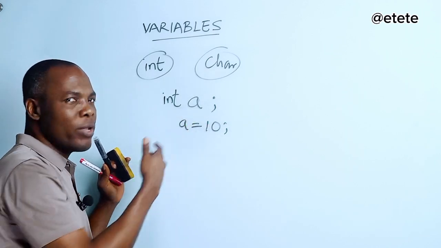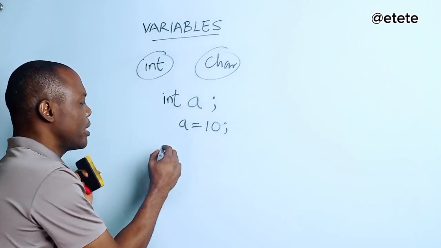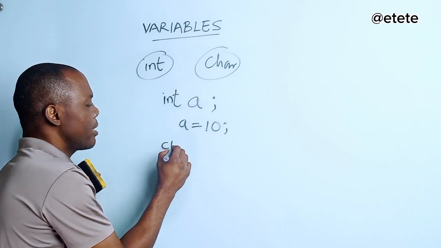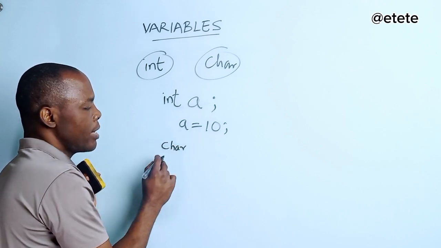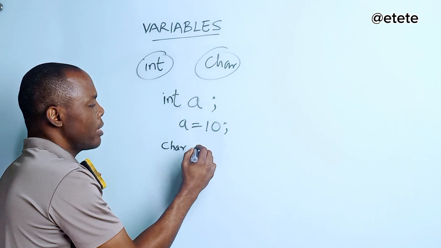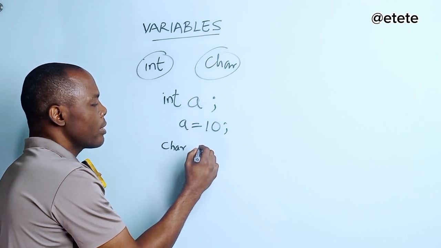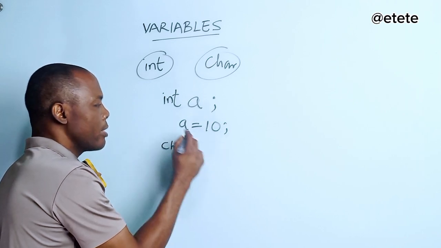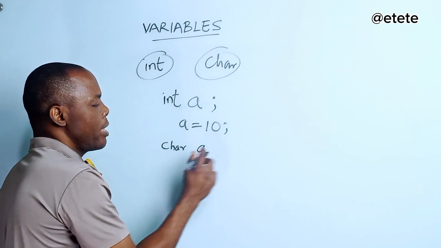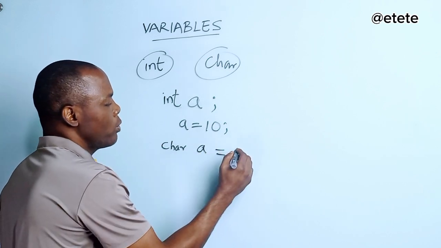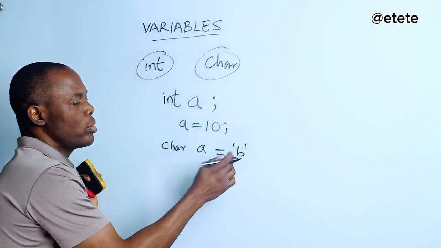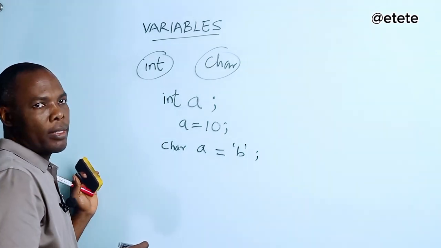Now, there are many other ways you can name a variable. I can give it char. I can say char, and if I change this to A, then this one will have to be what? B. It's just holding a character, right?